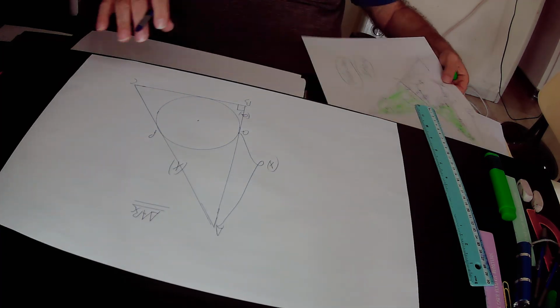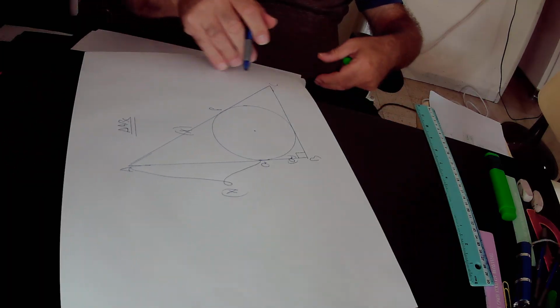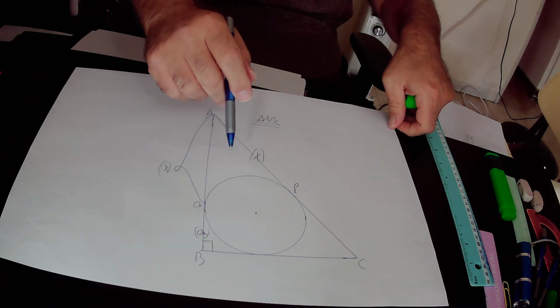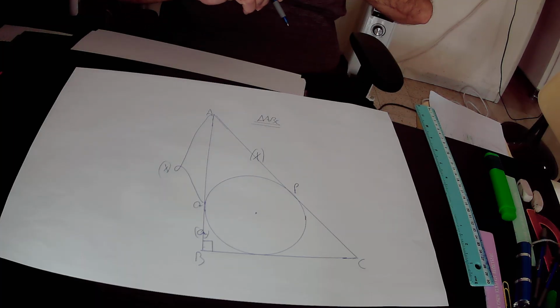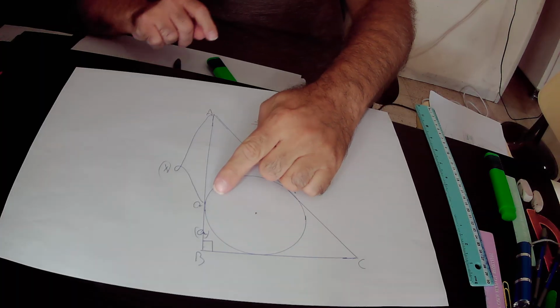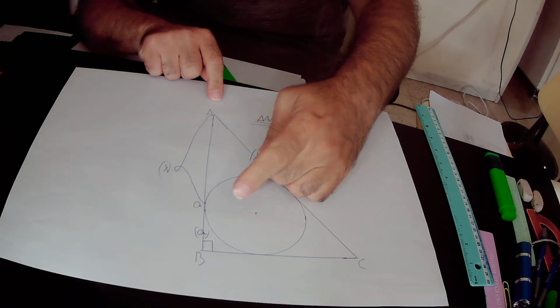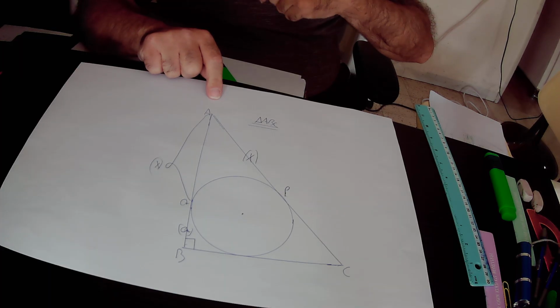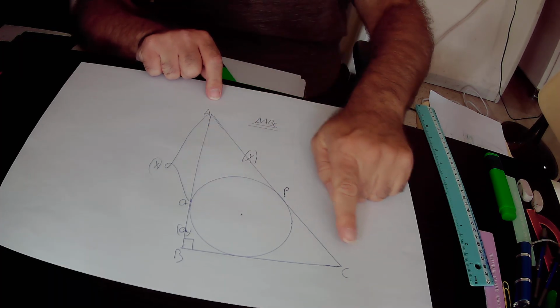Okay, this is the right triangle ABC with the circle that is inscribed inside it, that I copied from the original drawing. We already found out that QB equals A and AQ equals X units in length. So, we define the point of tangency of BC with this circle.